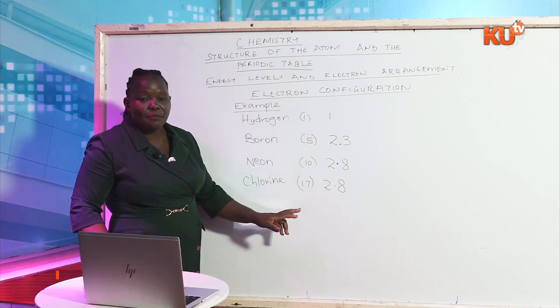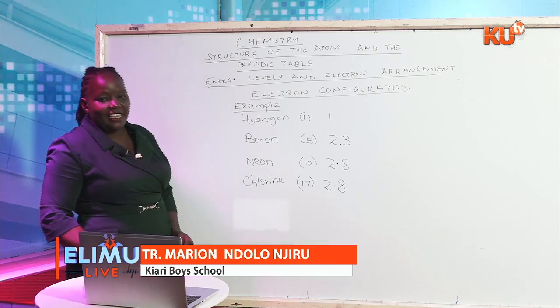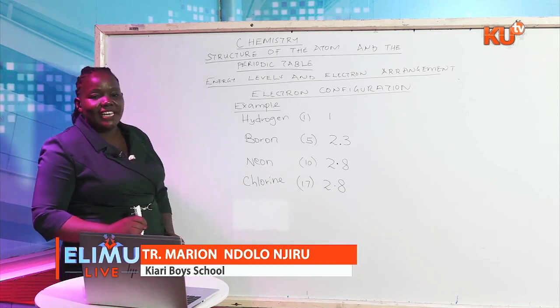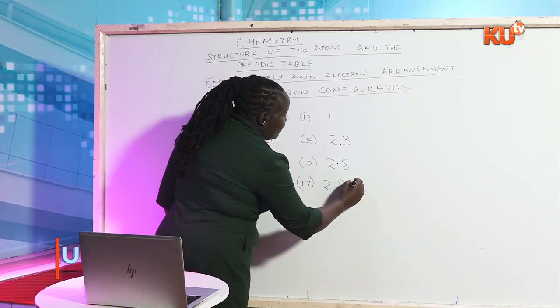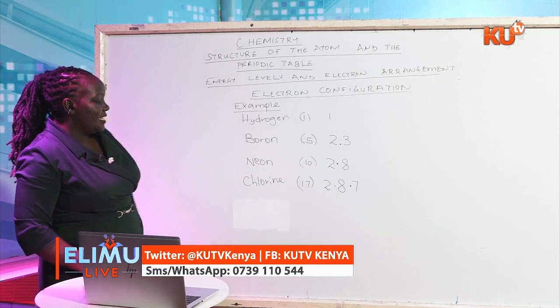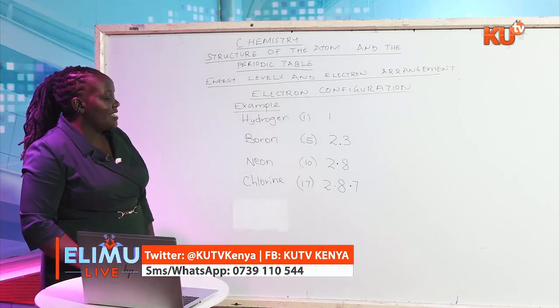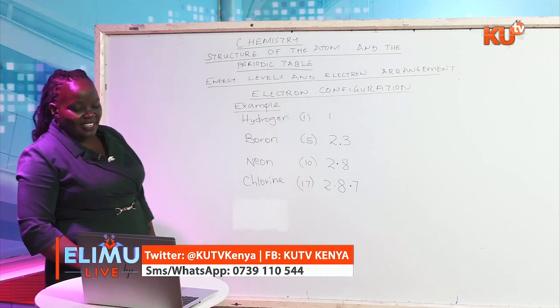So how many electrons are remaining? 17 minus 10, which is 7. So the next 7 electrons will move to the third energy level. So the electron arrangement of chlorine is 2, 8, 7.